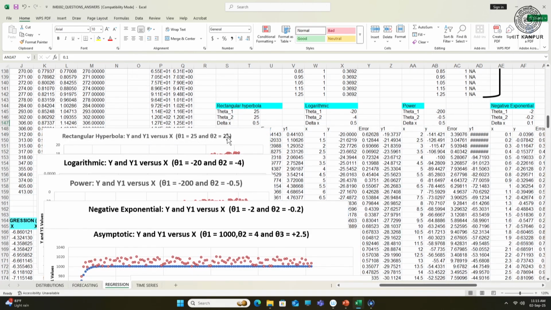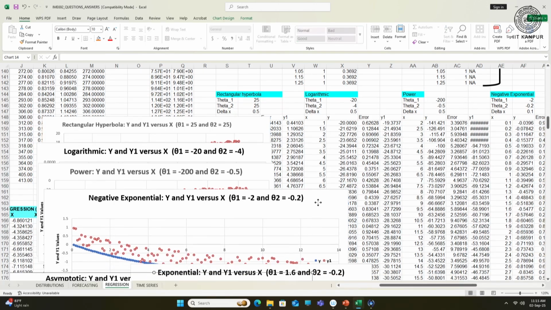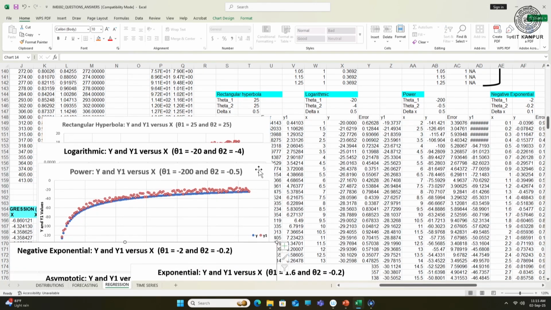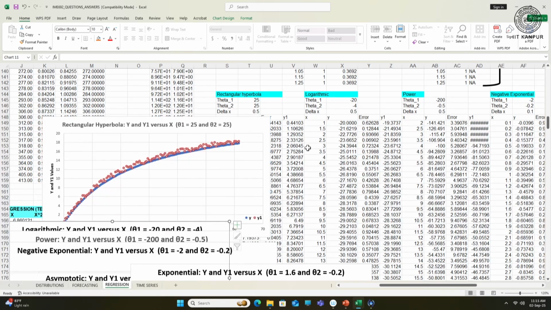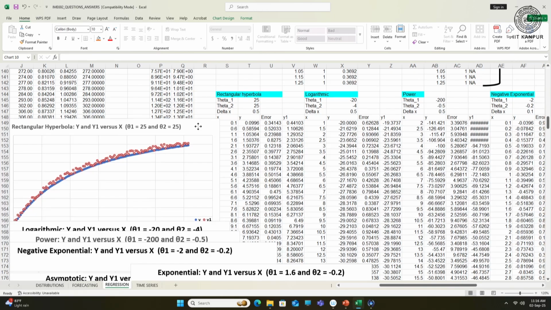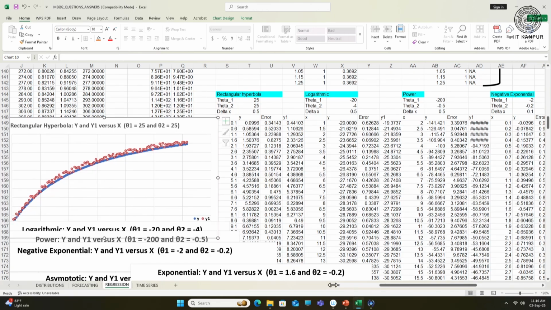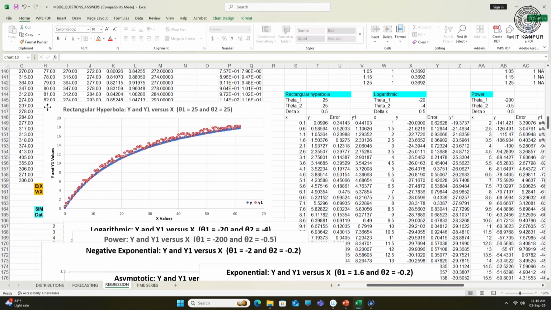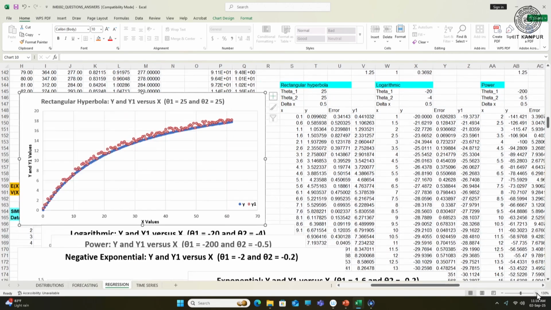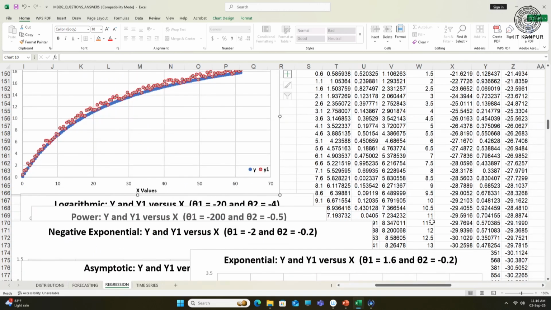For the first data set, I will take this to the side, and the data set which you have is the rectangular hyperbola which we are considering. Let me zoom in a little bit more. Yes, now it is done, at least it should be visible.